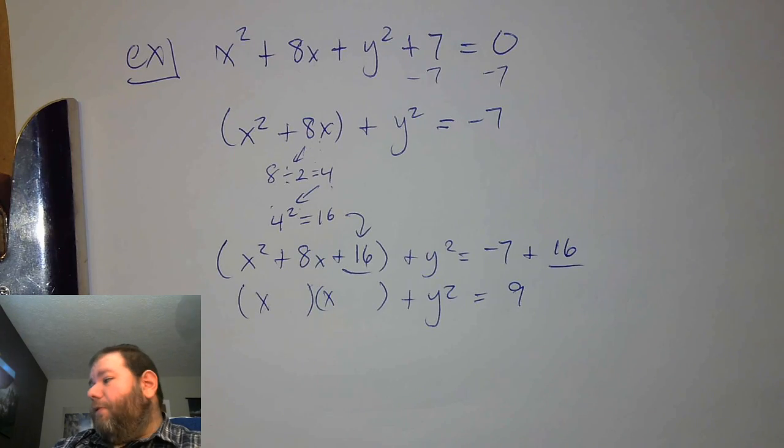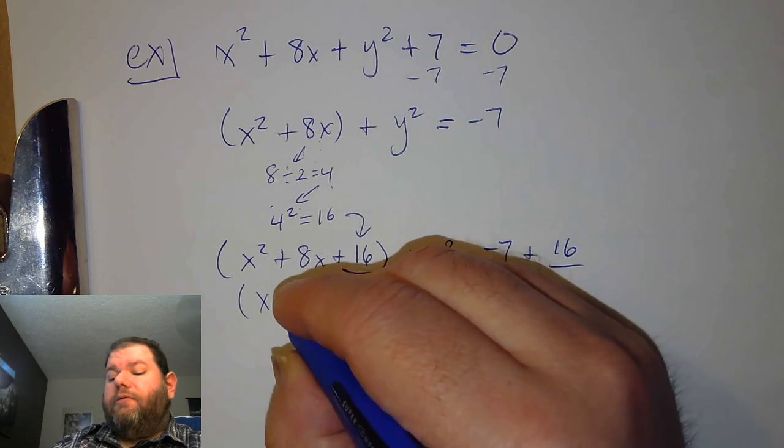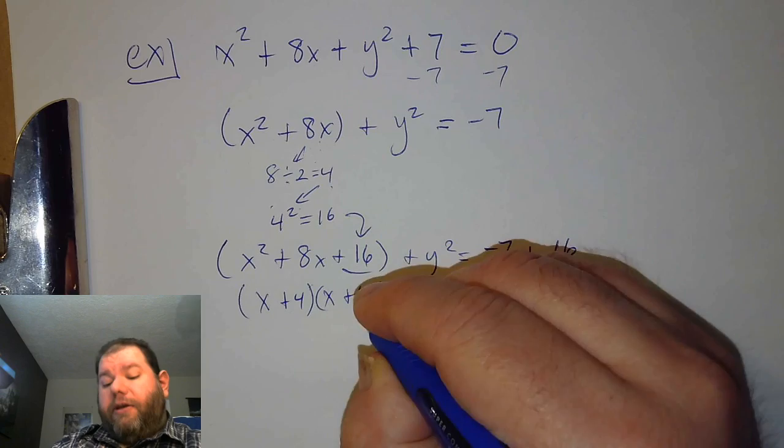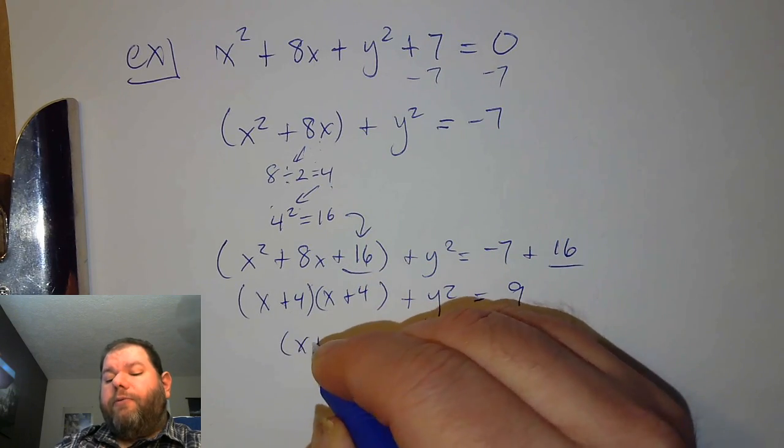Yeah, both of them will be plus 4. And so we can go ahead and write it as x plus 4 squared.